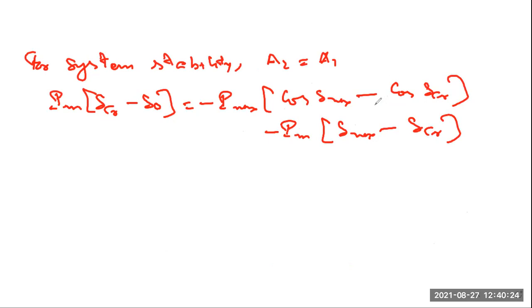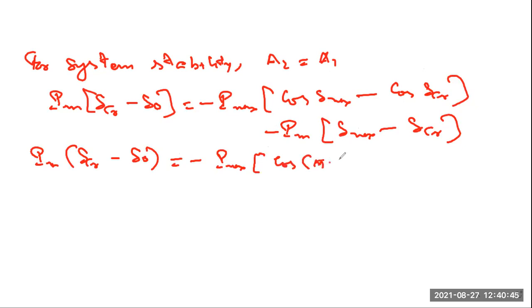What we'll do, we know that delta max equal to pi minus delta 0. So this will be PM delta CR minus delta 0 minus P max cos of delta max, meaning pi minus delta 0, minus cos of delta CR, minus PM delta max minus delta CR.